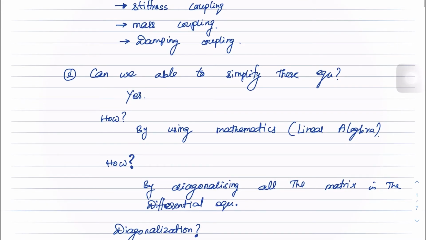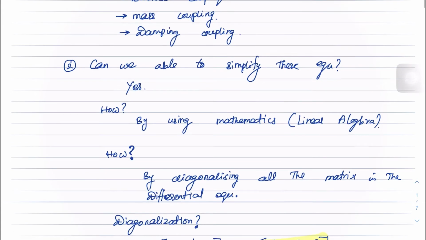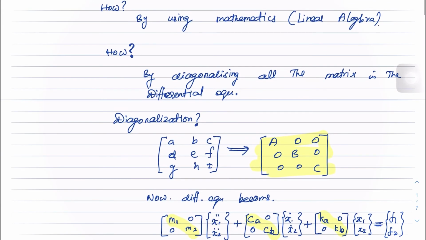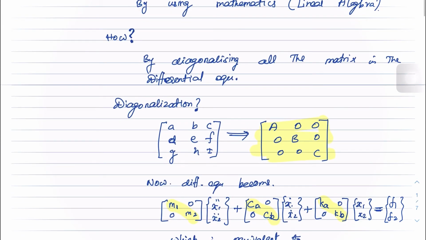How we do that is by diagonalization of all the matrices in the differential equation. Let's see what diagonalization is. Diagonalization is converting any matrix such that only the diagonal terms are non-zero.